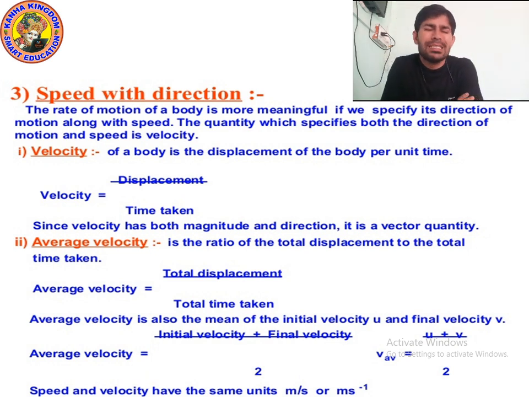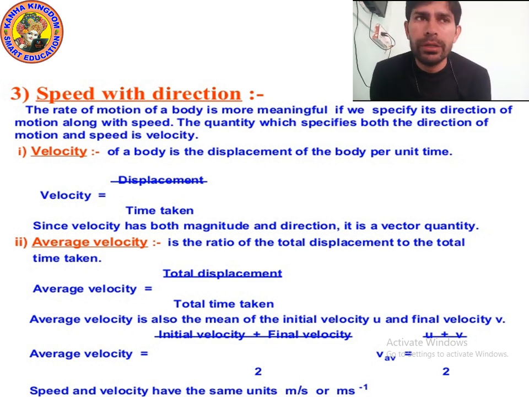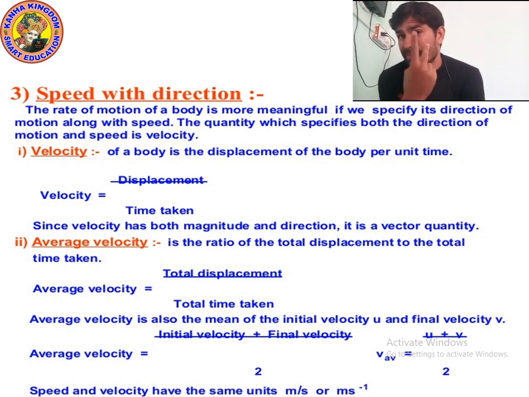Unequal distance traveled in equal intervals of time is known as non-uniform motion, or unequal distance traveled in unequal intervals. So in non-uniform motion, distance and time both can be unequal, or one should be equal, either distance or time.